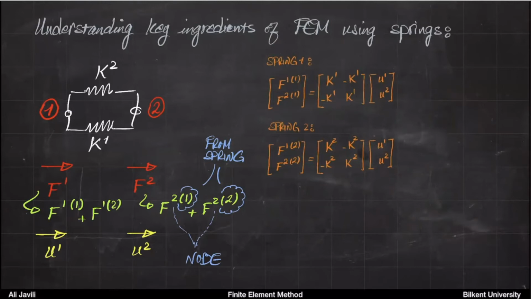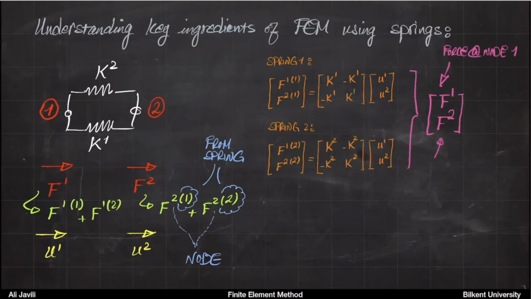Now what we want to do is to assemble these two. And as I mentioned, the key to assembling them is to pay attention to the idea that F1, F2, so if you wanted to construct a force vector for the system, so the force at node 1, so this means force at node 1, and this means force at node 2.